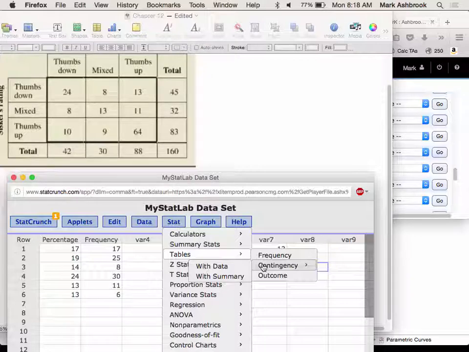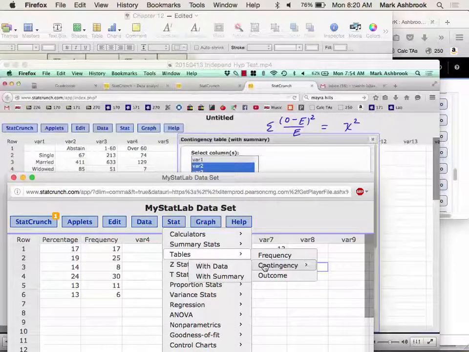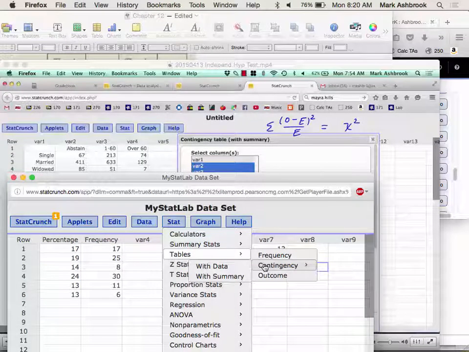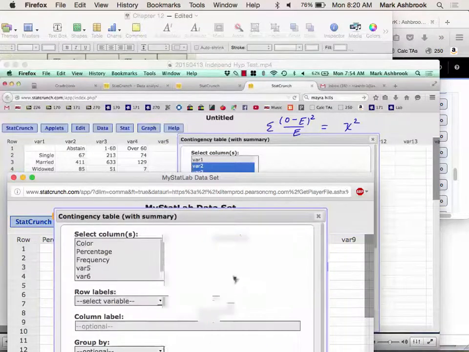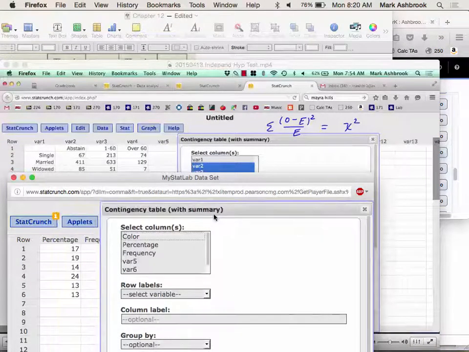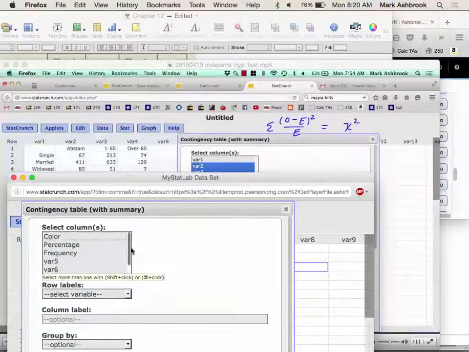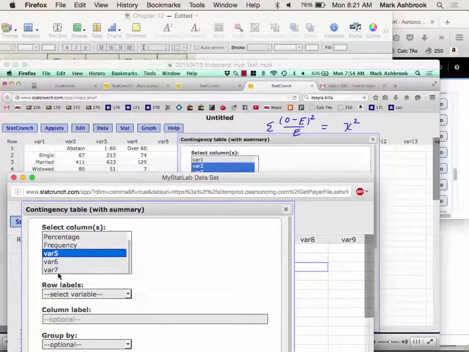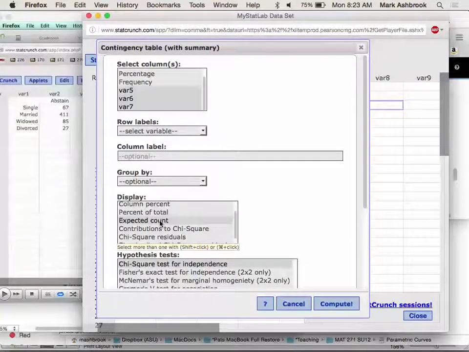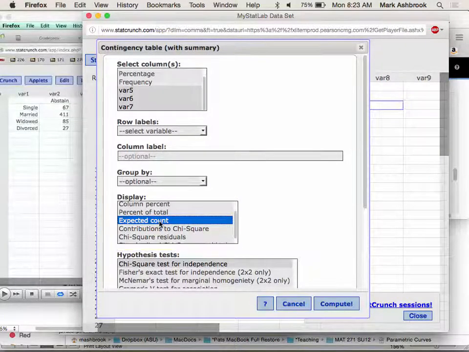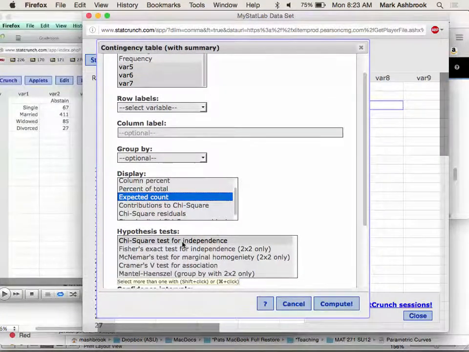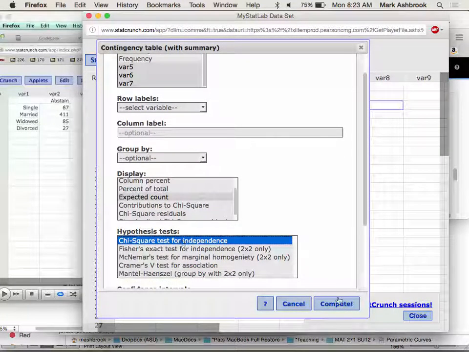Is one dependent on the other? But we want summary, not data. Okay, there we go. So now we're going to select columns 5 through 7. We want expected count for display, and then we want the chi-square test for independence.